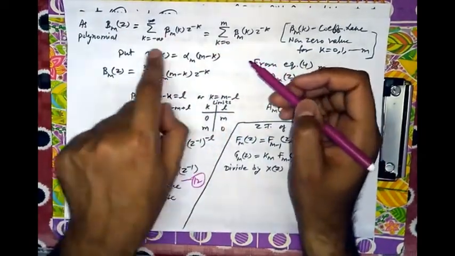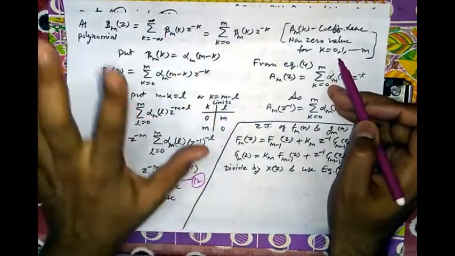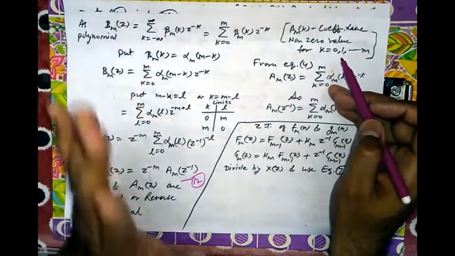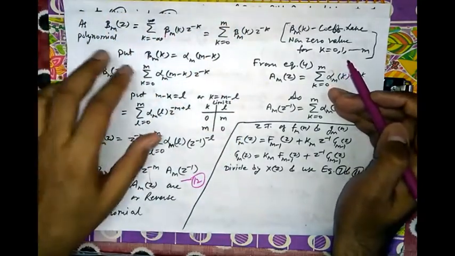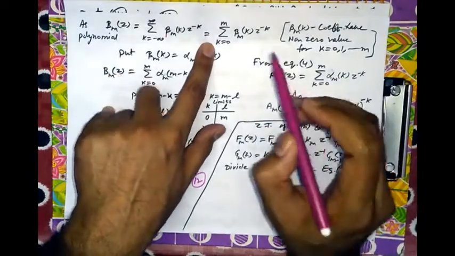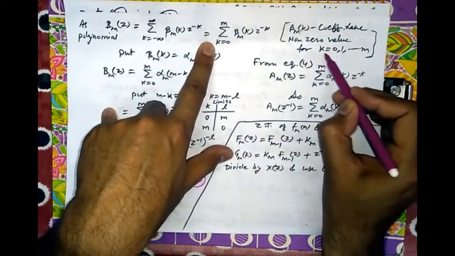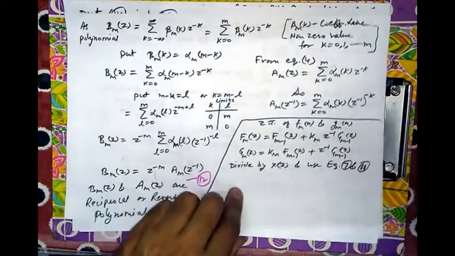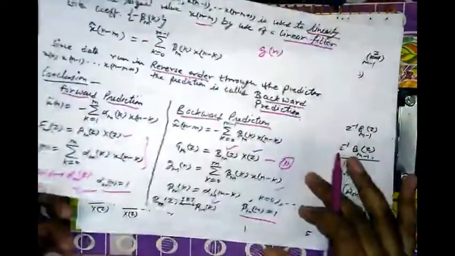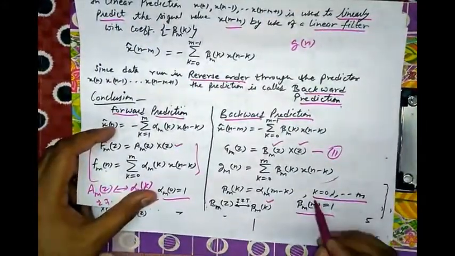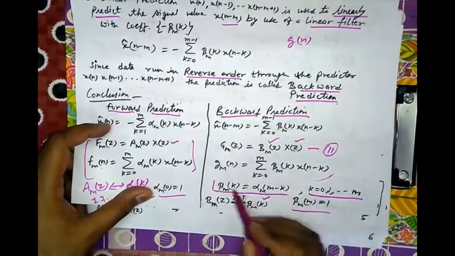So putting this value, we know that from minus infinity to minus 1 there are no non-zero coefficients, and from m plus 1 to infinity there are again no coefficients. So the coefficients lie between 0 to m. Coefficients have non-zero value for k equal to 0 to m. It was mentioned already that the coefficient values lie between k equal to 0 to m. It is also very important.